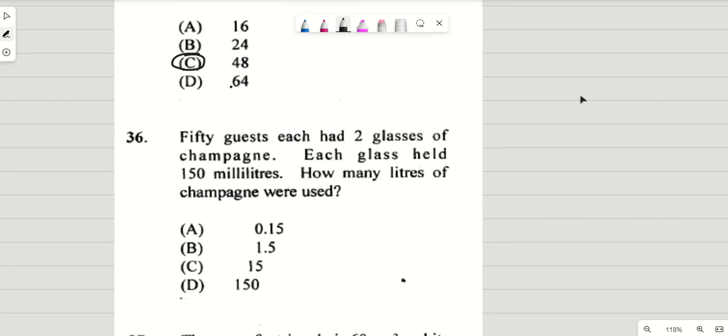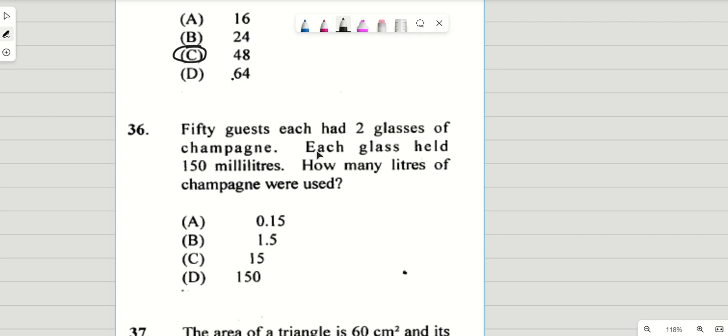Right, let's look at this. 50 guests has 2 glasses of champagne each. I can't tell you how many times I saw this question. Each glass held 150 milliliters. How many liters of champagne was used? So we know for one guest, they had 2 glasses.